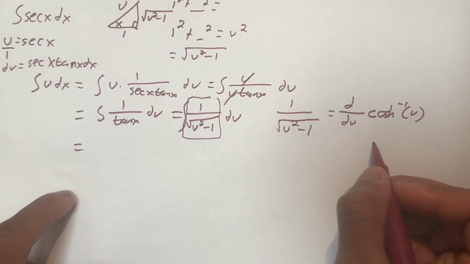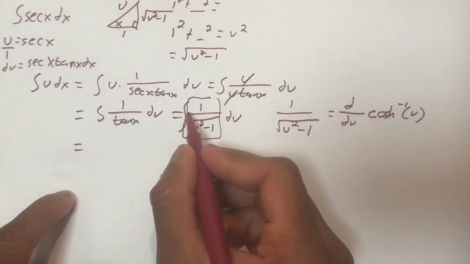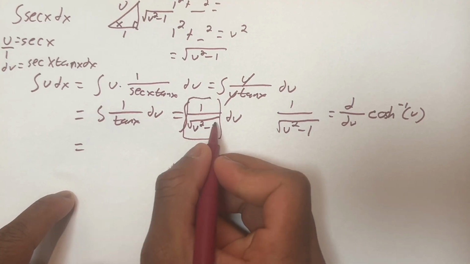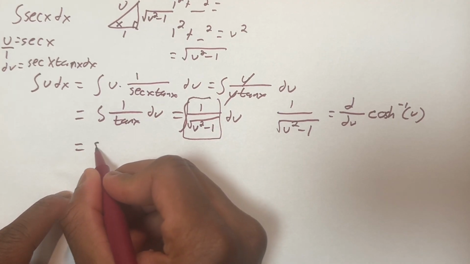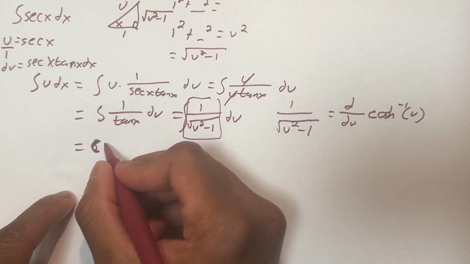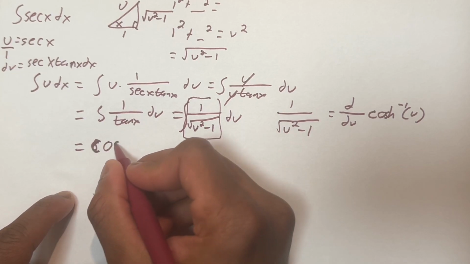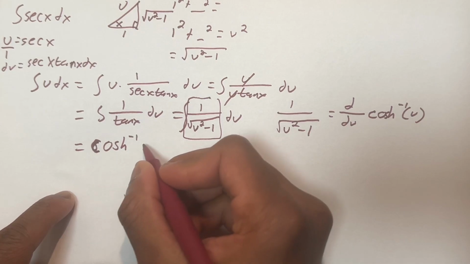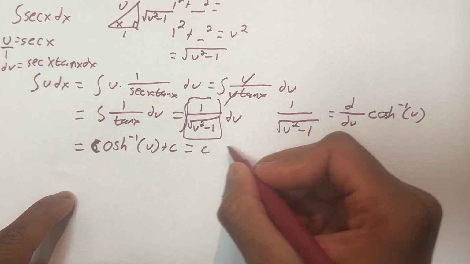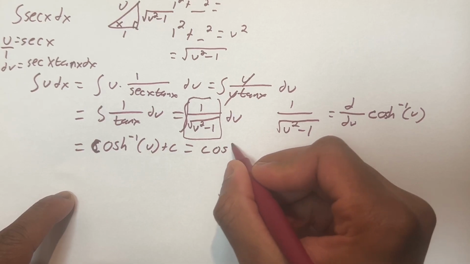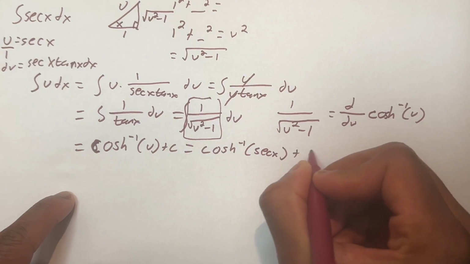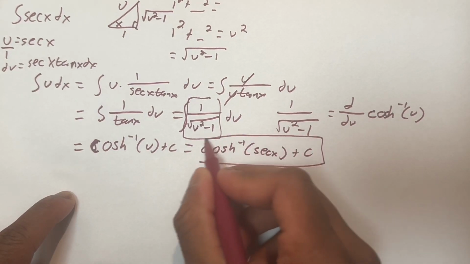So if we're taking an integral, we go backwards. So this must equal inverse hyperbolic cosine of u plus c, which also equals inverse hyperbolic cosine of secant x plus c. So that's another way to do it.